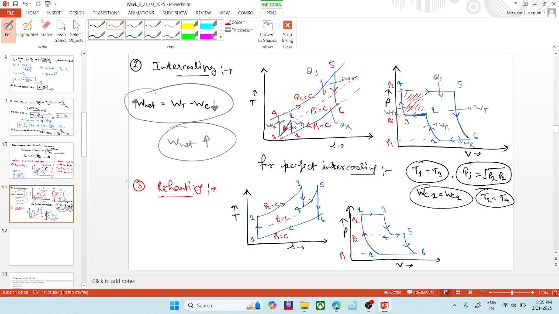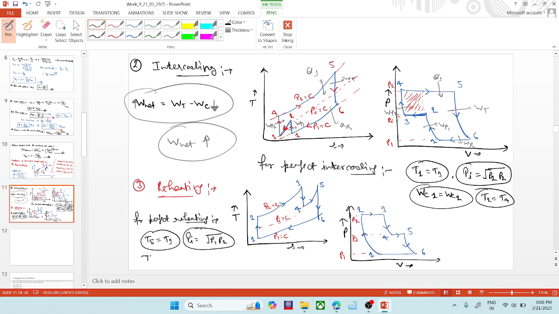So for perfect reheating, the same things would be there. T5 will be equal to T3. Then Pi is equal to the square root of P1 P2, so here also the intermediate pressure would be the geometric mean of the two pressures.